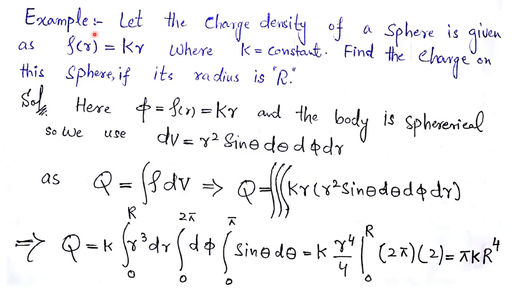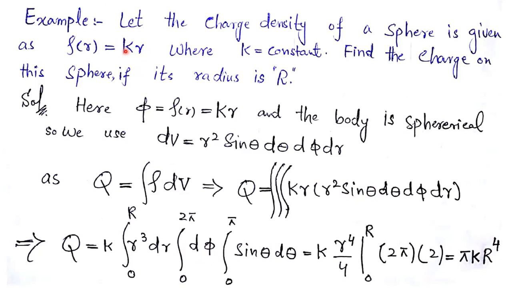If I have a phi dependence and a theta dependence in this charge density, then those dependencies will go in their respective integrations. And then you have to perform these integrations with those functional relationships, and you may get your final charge density.